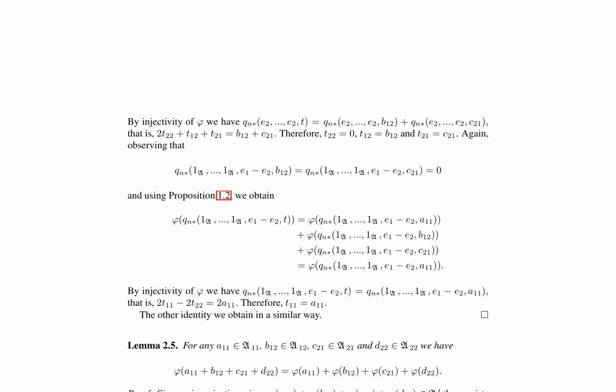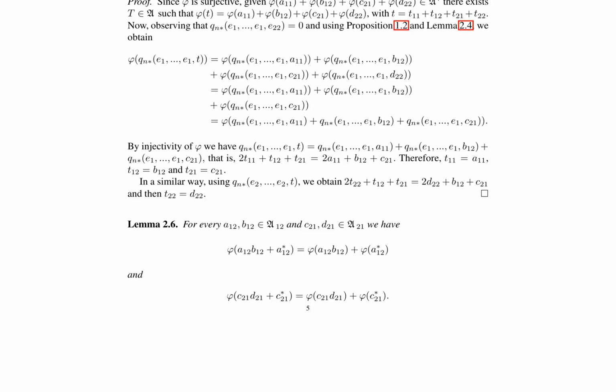To prove this, we use the surjectivity of phi to find T in A such that phi(T) equals phi(A11) plus phi(B12) plus phi(C21) plus phi(D22), with T equals T11 plus T12 plus T21 plus T22.